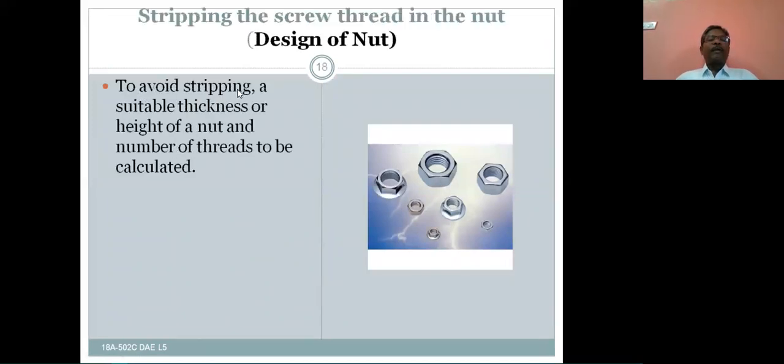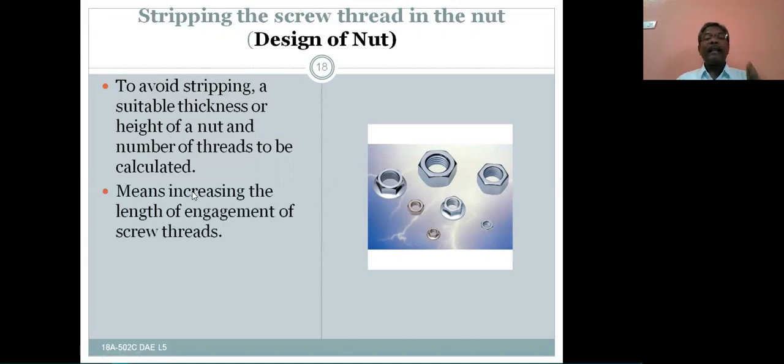To avoid stripping, the first step is making the shear strength equal to the tensile strength. Number two, to avoid the stripping, the suitable thickness or height of the nut and the number of threads are to be calculated. That means increasing the length of engagement of the threads, that is, increasing the height of the nut. Thereby you can avoid this problem.